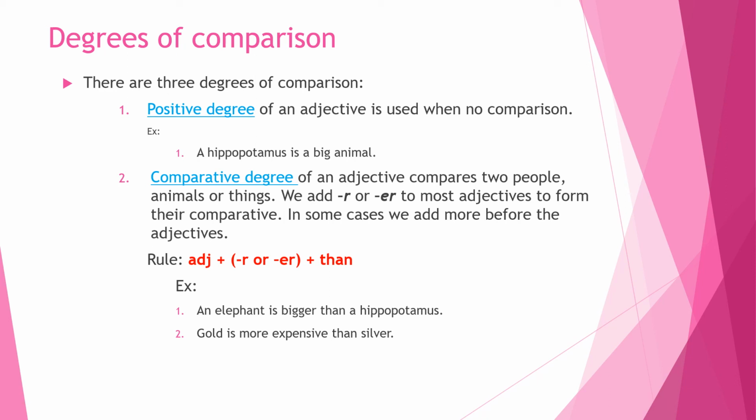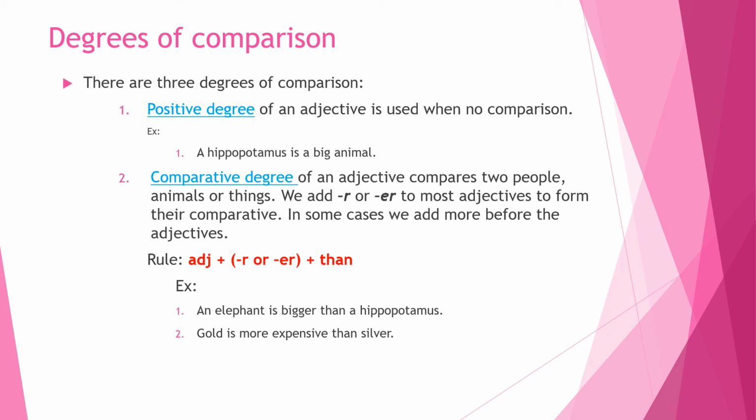In the example given below, an elephant is bigger than a hippopotamus. As I told you, in comparative degree, we compare two people or animals or things. In this example, we are comparing an elephant and a hippopotamus.